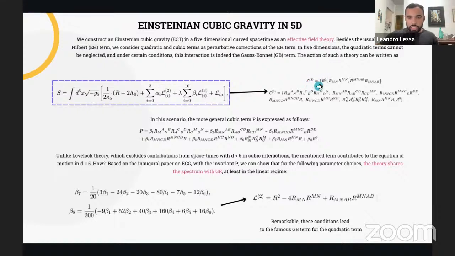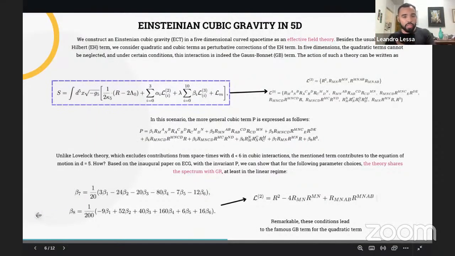In the quadratic interaction, you have a total of 3 possible invariants given by this expression, and for the cubic one we have a total of 8 possibilities. In the most general scenario, the cubic term P is expressed by this equation. We have 8 possibilities, so 8 parameters, 8 cubic couplings.